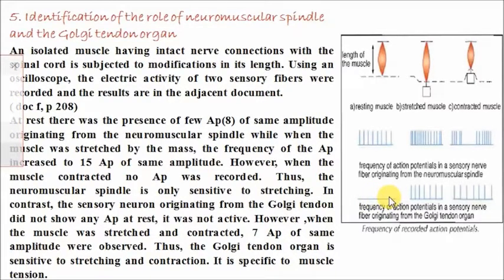However, when the muscle was stretched, you observe action potential 7, and when it was contracted, we also observed action potential 7, also of the same amplitude. So therefore, we're going to reach a conclusion here that the Golgi tendon organ is sensitive to stretching and is sensitive to contraction.